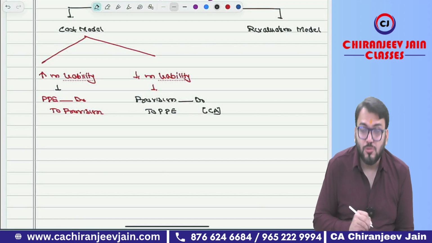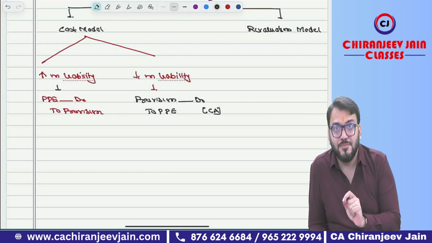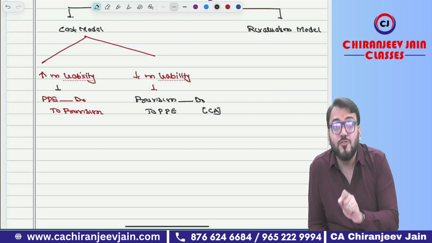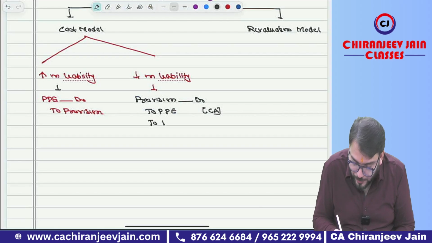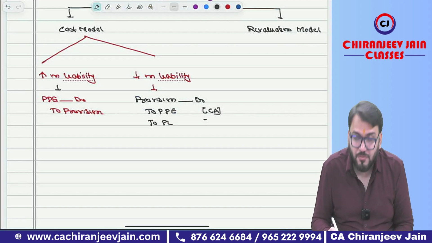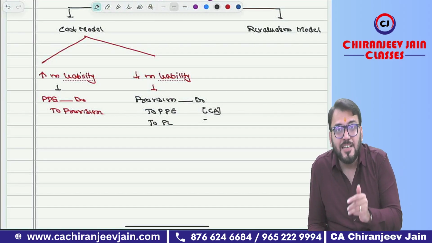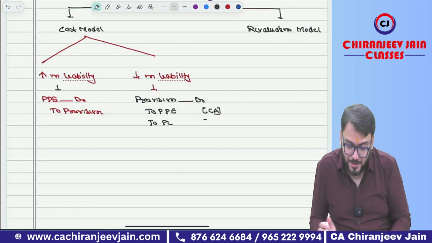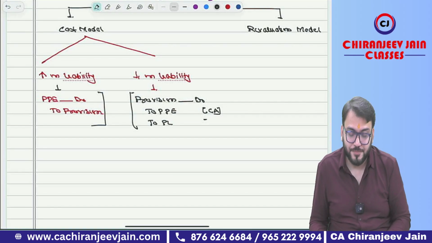Suppose the decrease is 1 lakh and the carrying amount is 90,000. It means we cannot reduce below 90,000. In that case, any excess decrease will be transferred to PL. Understood? Got this point?